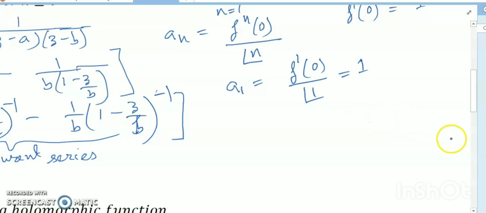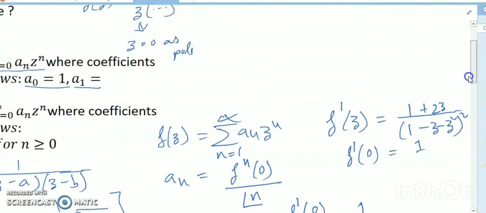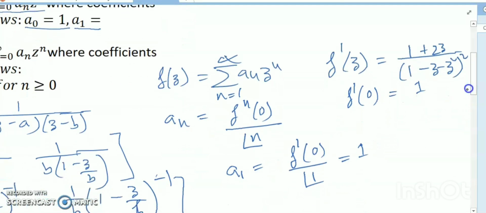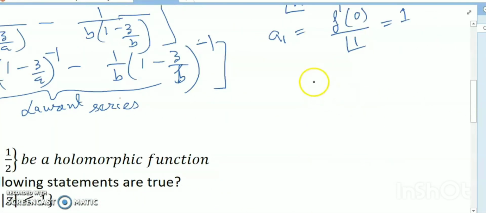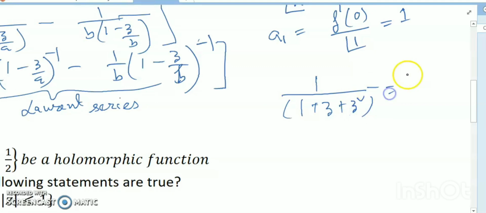Now you can check the values of a0. A0 value is very simple. A0 is equal to 1. And another very simple way you can get it: 1 divided by 1 plus z square equals the summation n equals 0 to infinity a n z to the power n.